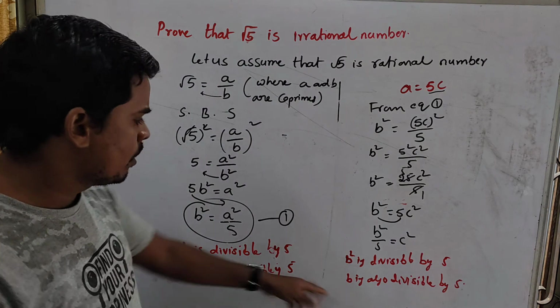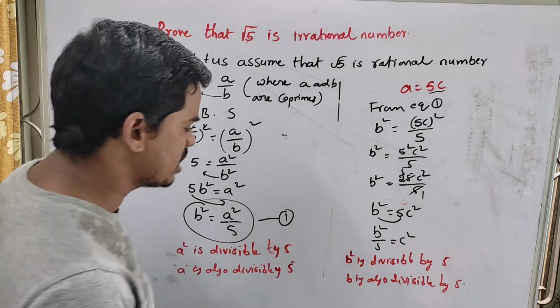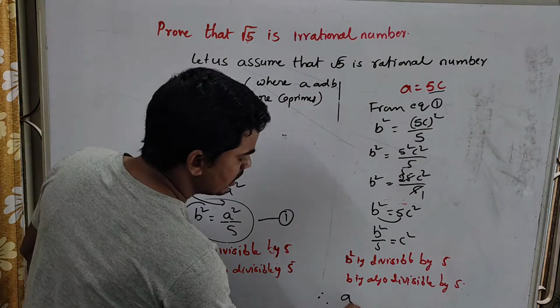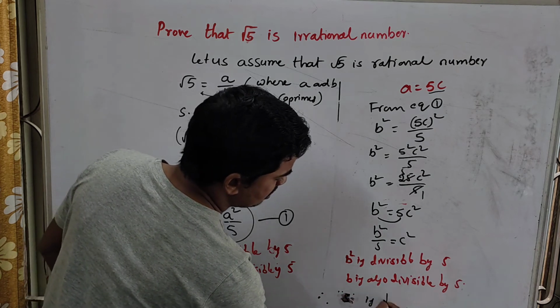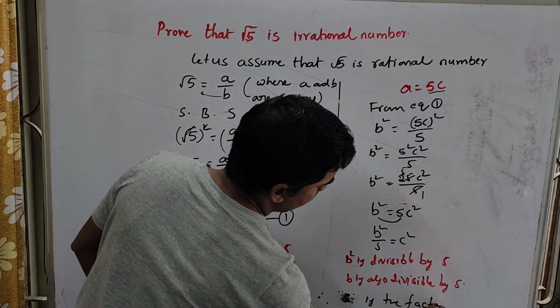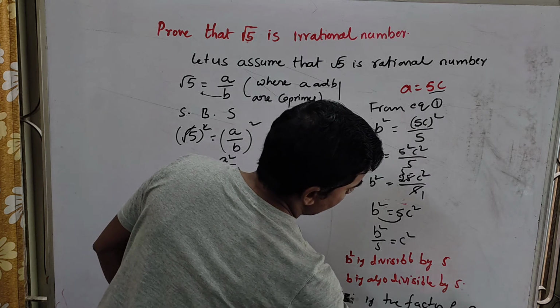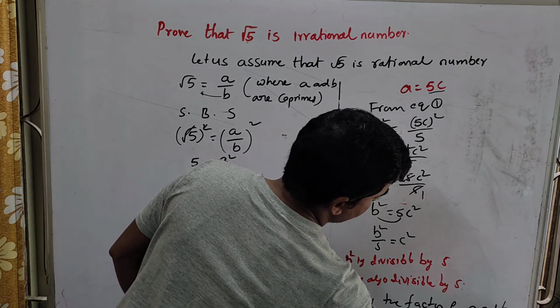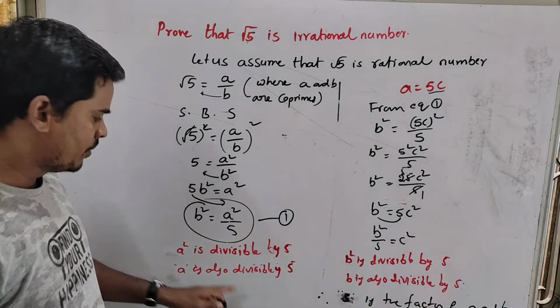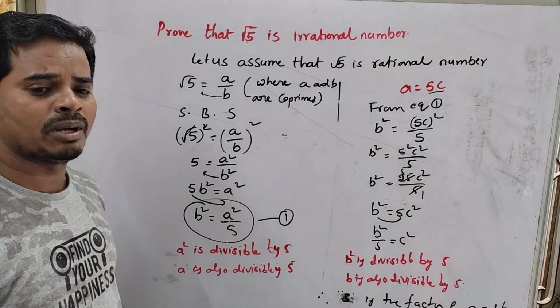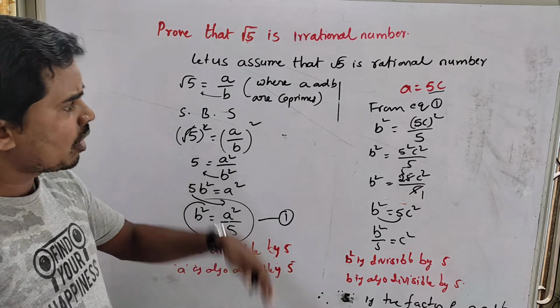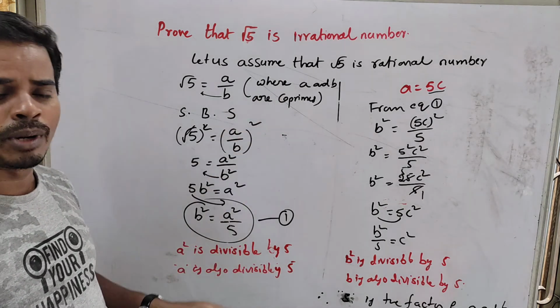But a is divisible by 5, b is divisible by 5. What does that mean here? 5 is a factor for a and b, both a and b. So this is contradicting the fact that a and b are co-prime numbers.